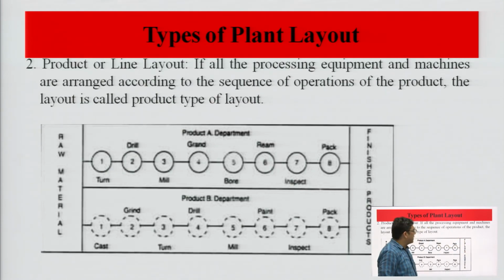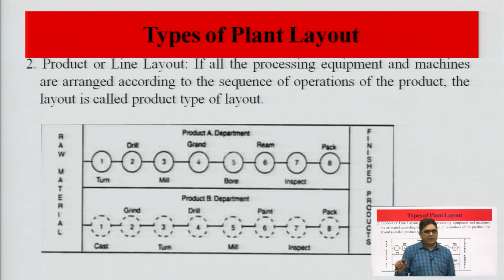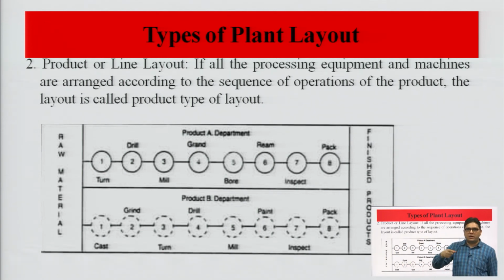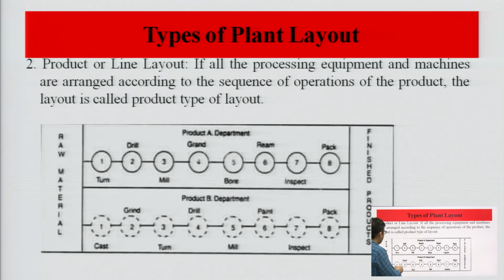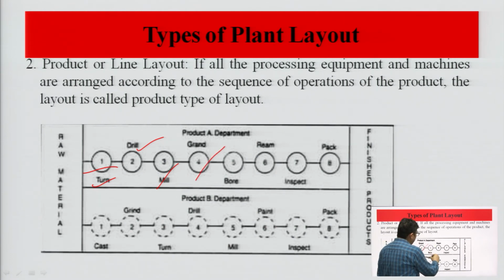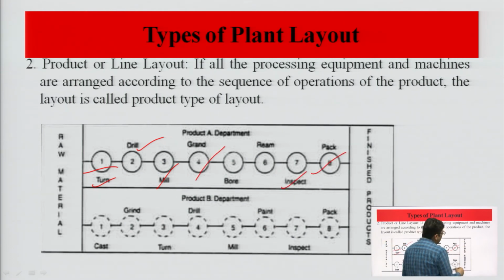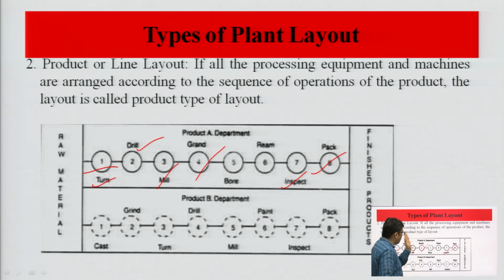Next, it is the product layout. What is the product layout? It is sequential. One step will take place at location 1, then second, third, fourth, fifth, sixth, seventh and eighth, and subsequently it keeps on happening. At the first location it is turn, drill, mill, grinding, inspection, packaging, continuously one after another.